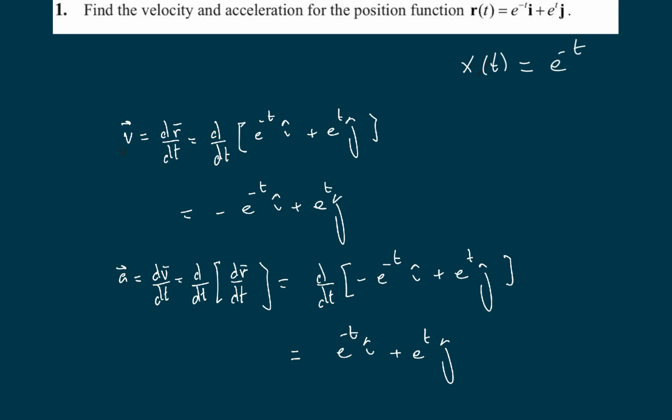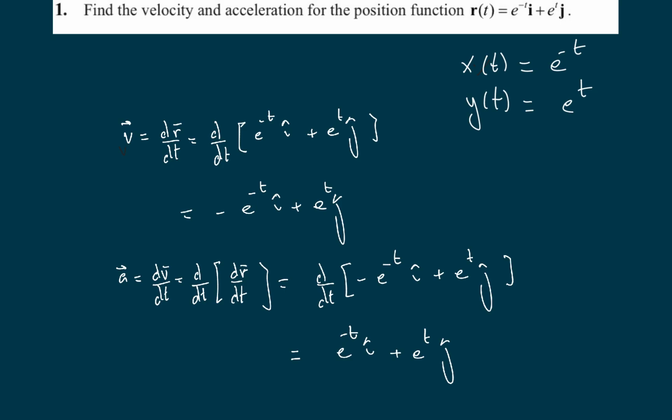So at t equals 0, x of t is 1. At t equals infinity, x of t is 0. And y of t is e to the t. So as t grows, y of t grows very, very much.